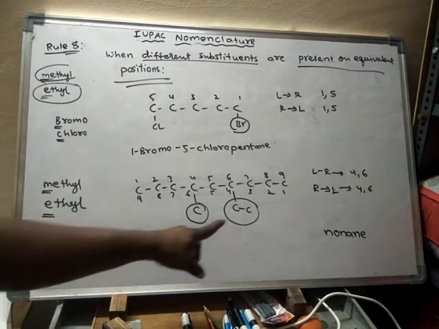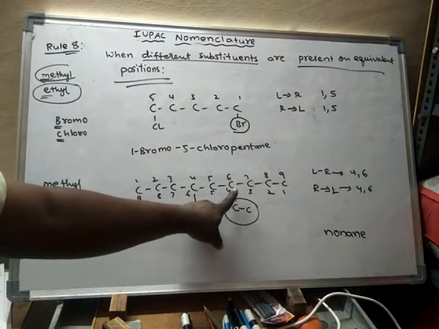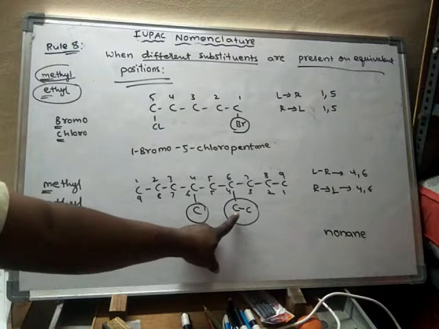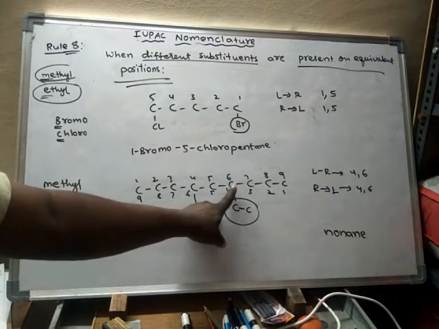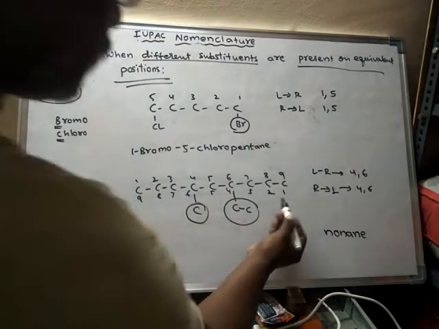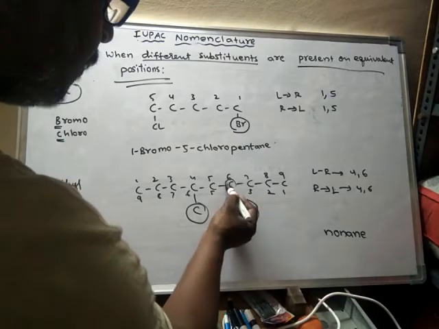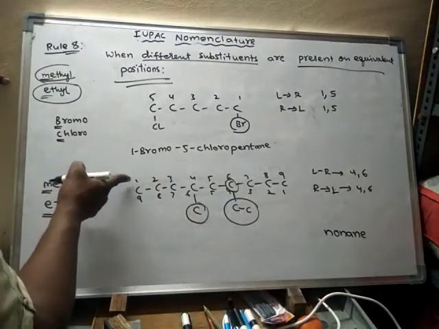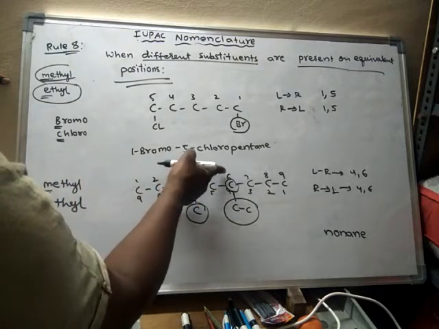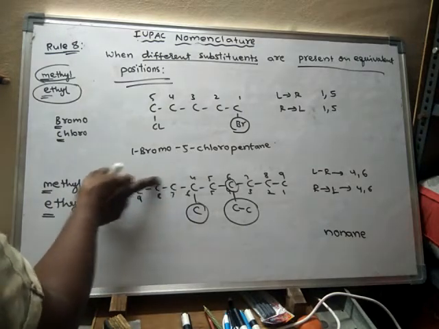If we go in this direction, from right to left, the carbon is getting the 4th number. If you go from left to right, that same carbon is getting the 6th number. So that means we have to consider the numbering from right to left.